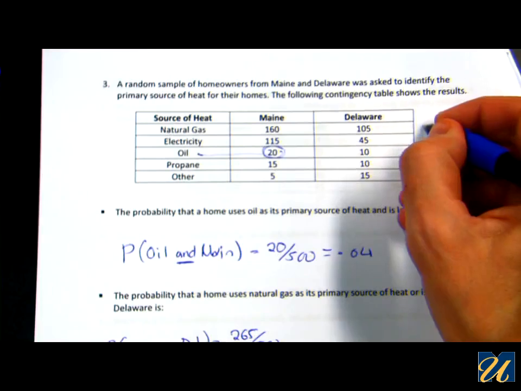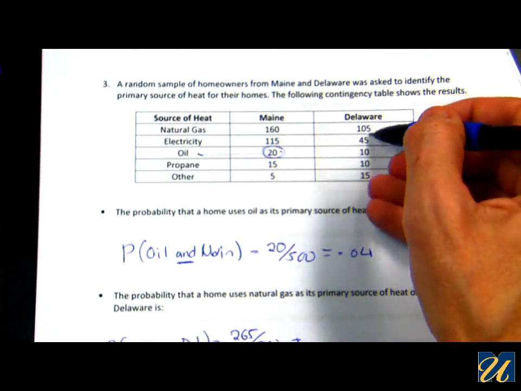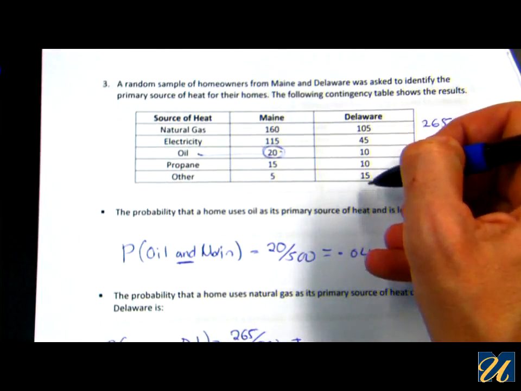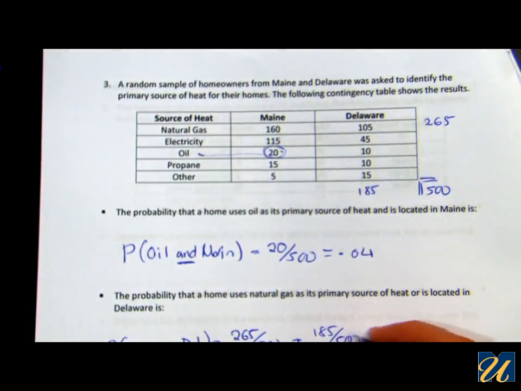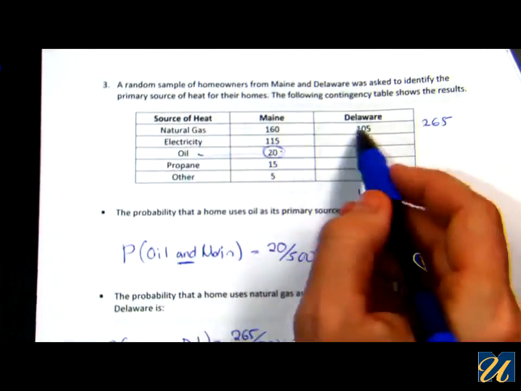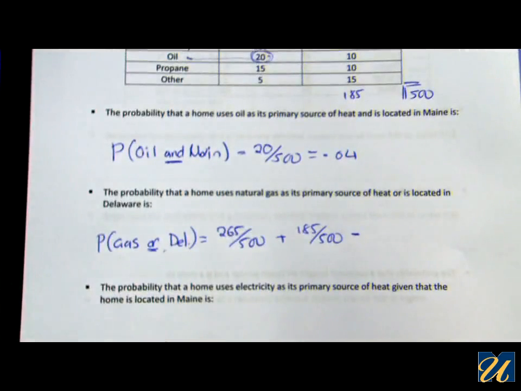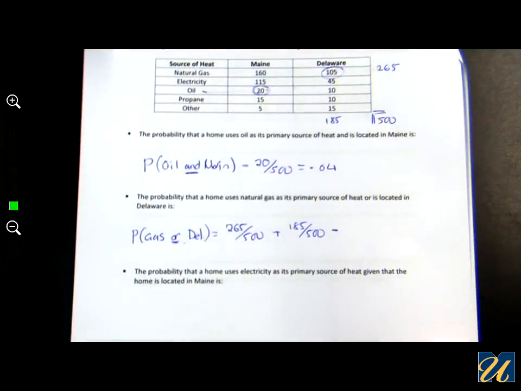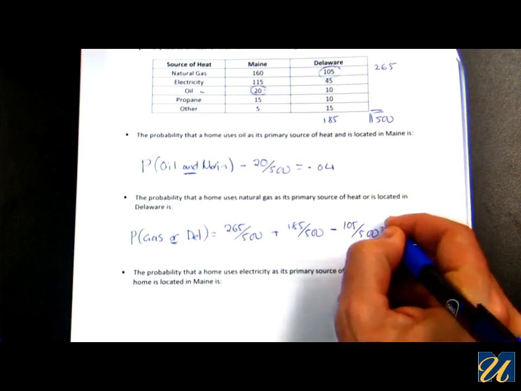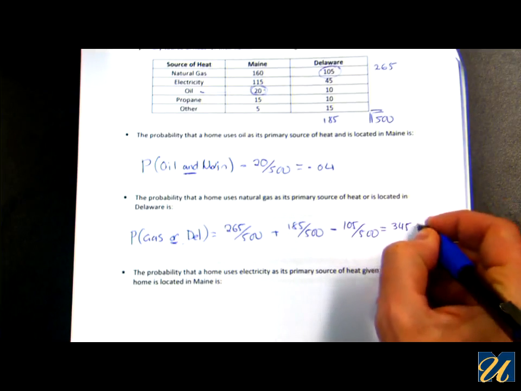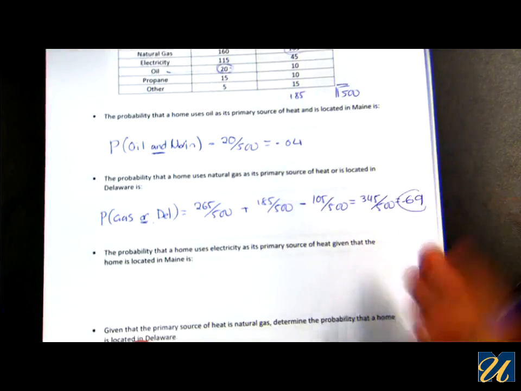The total would be here 265 plus the probability of someone located in Delaware, which will be 185, that's your total, minus the probability of both gas and Delaware. The point of intersection is here. You need to take this out. So minus 105 over 500, and the probability will be 345 over 500, 0.69.